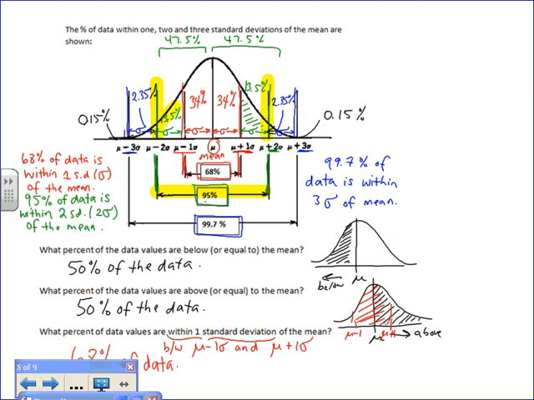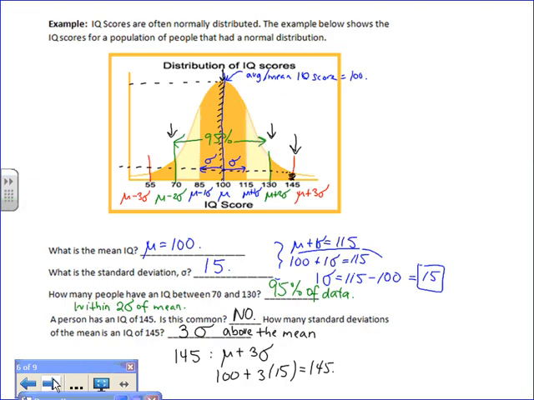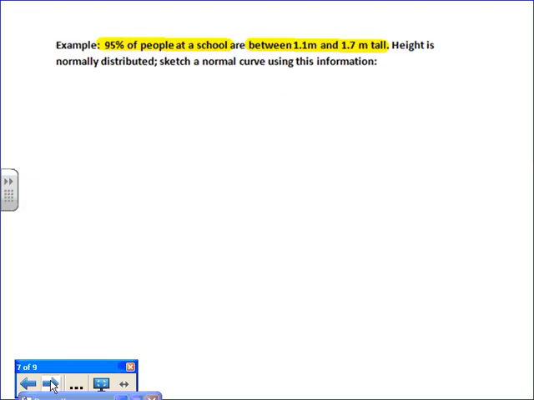So 95% of the data represents all this data right here. It's a lot of our data, 95%. So 95% of people will be within 2 standard deviations of the mean. If I look at my question for a minute, that tells me that 1.1 and 1.7 are 2 standard deviations away from the mean.